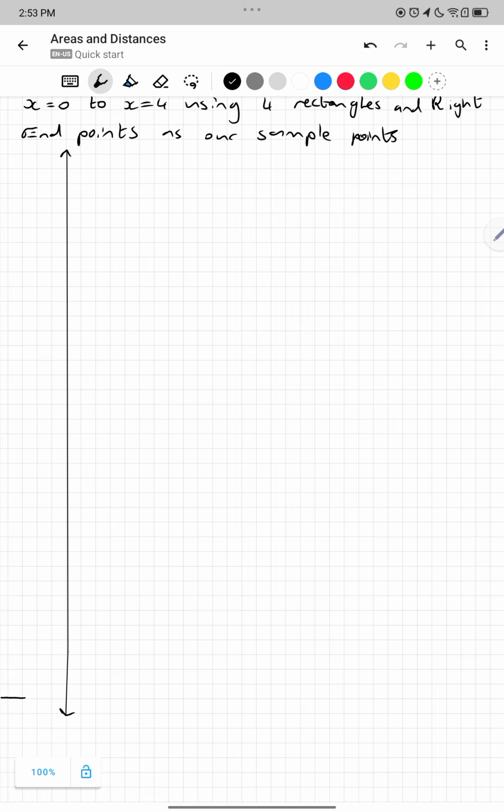Right, and then we'll have something like this. So this is our x, this is our y, this is the 0 point. So we have 1, 2, 3, 4, 5, 6, and so on, but we're ending at 4.